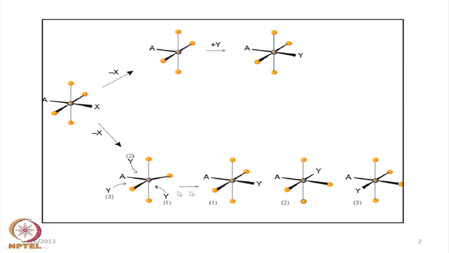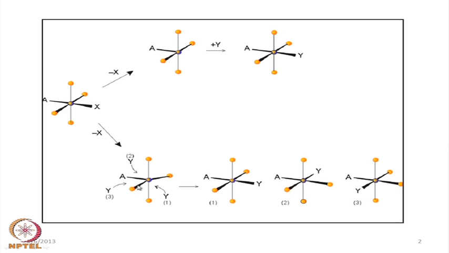So, depending upon the steric crowding, the size of A and its electronic nature, where we are considering A as the spectator ligand, we get both the trans configuration as well as the cis configuration.